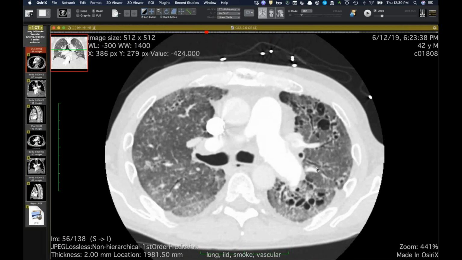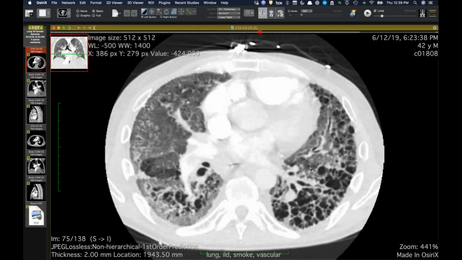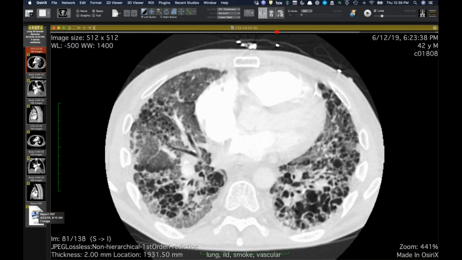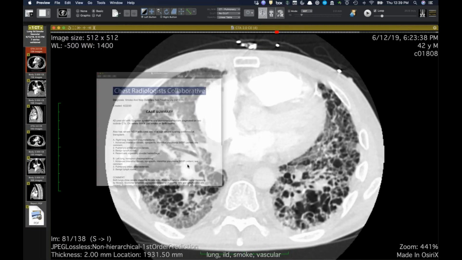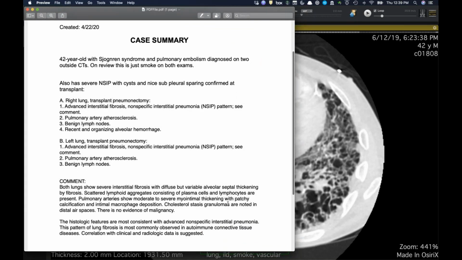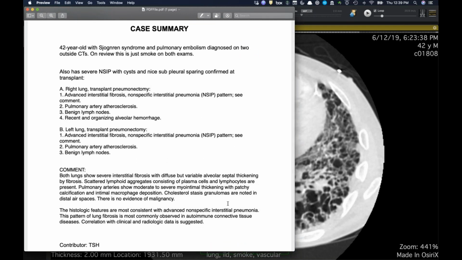I've shown a few of these cases now. This patient did go to lung transplant in the interim, and this was all end-stage NSIP. So these are all cysts related to his connective tissue disease, rather than just a UIP pattern of fibrosis.